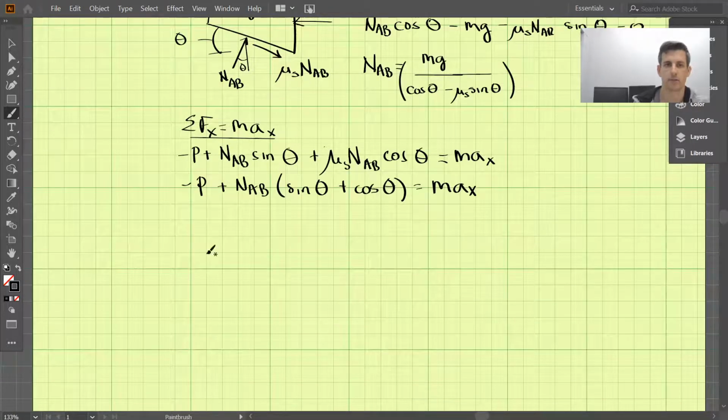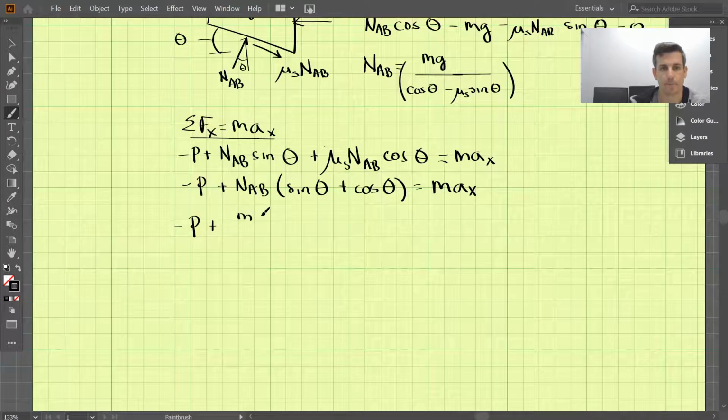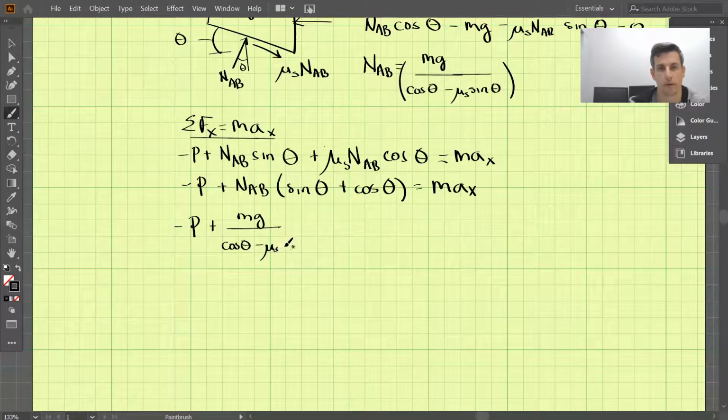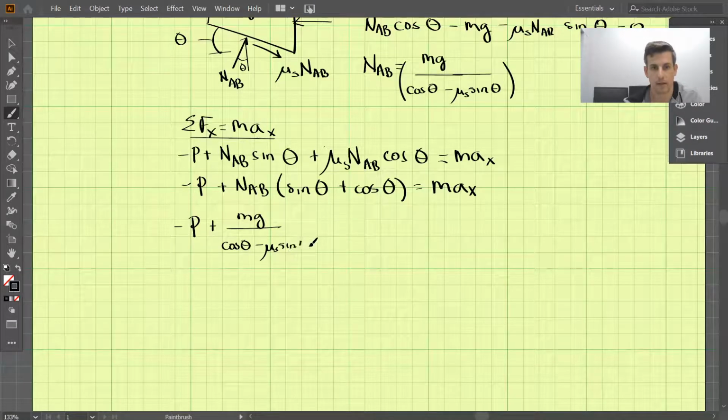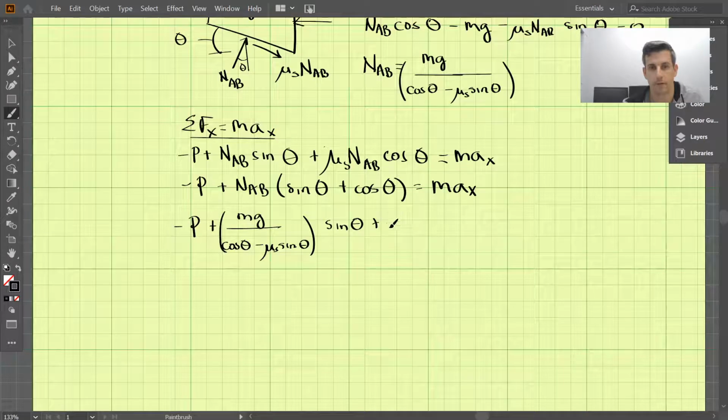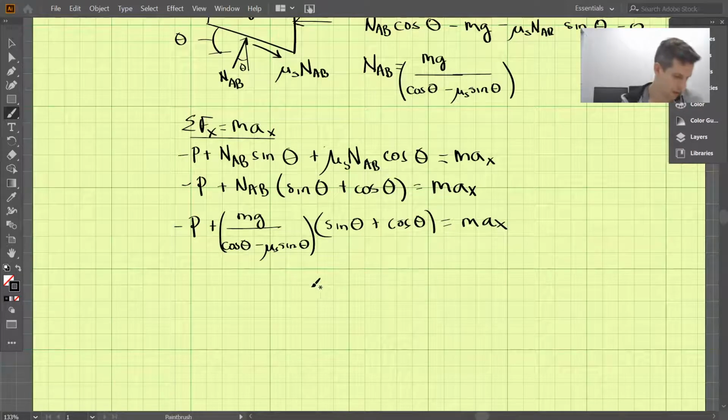So we have negative P plus mg over cosine theta minus mu sub s sine theta. So that's NAB, and then that will be multiplied by sine theta plus cosine theta equals m ax. All right, it's getting a little messy here.